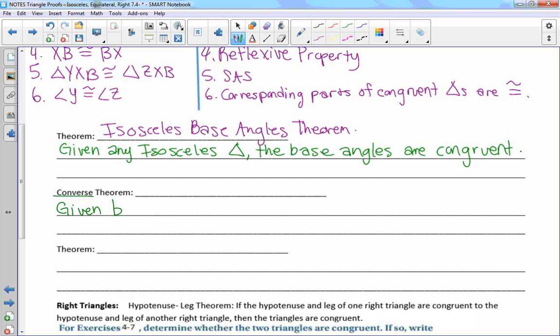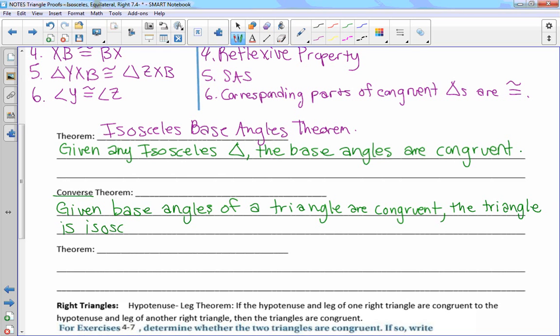Given base angles of a triangle are congruent, the triangle is isosceles. Okay, so that's the converse theorem of isosceles base angles.